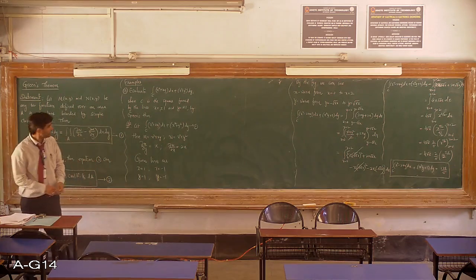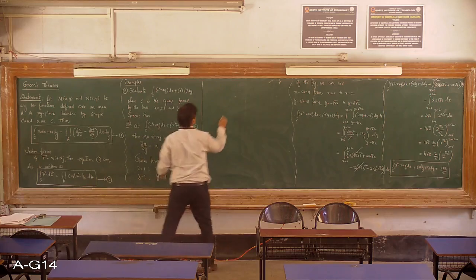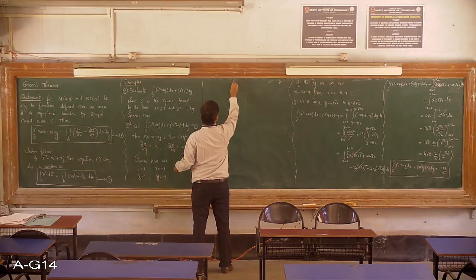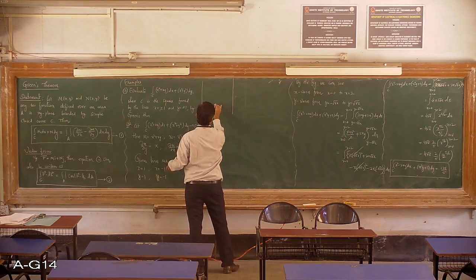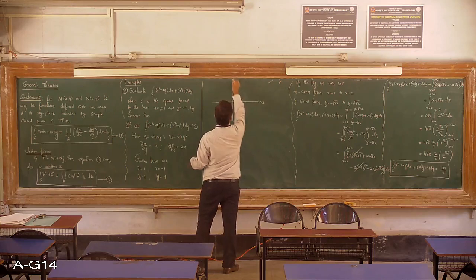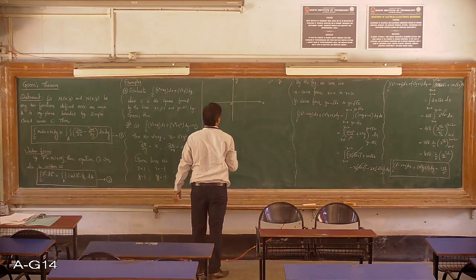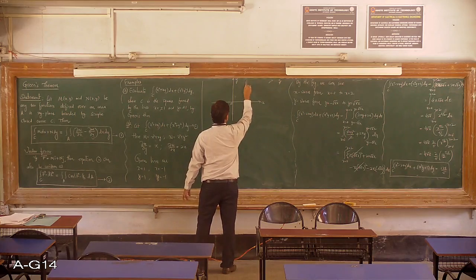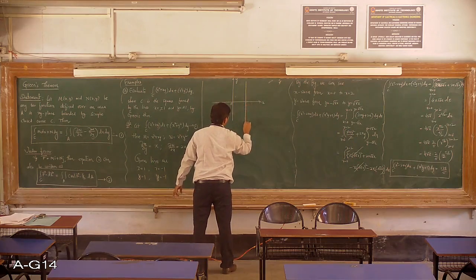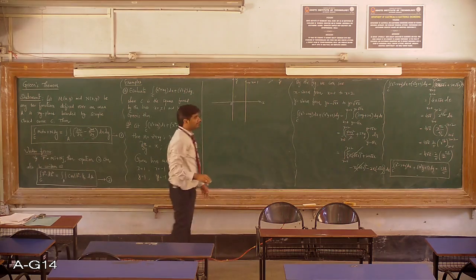Now we'll see the figure of these particular lines. This is the x axis, this is the y axis, origin O. So now here this is the line x equals 1, that is parallel to the y axis.